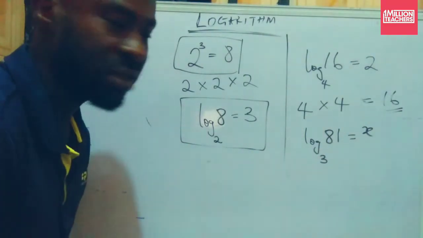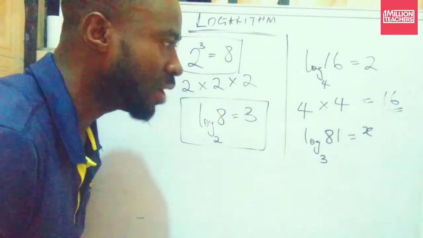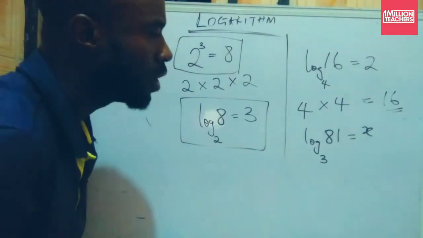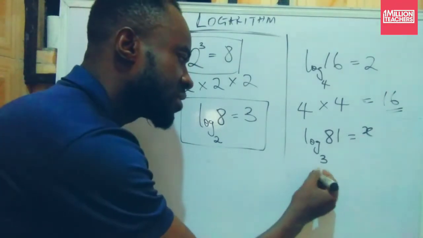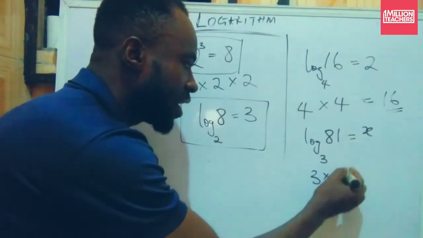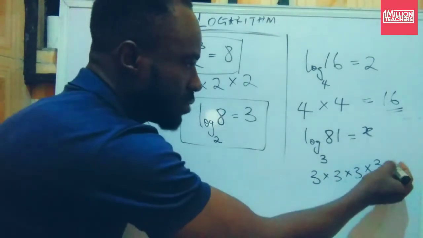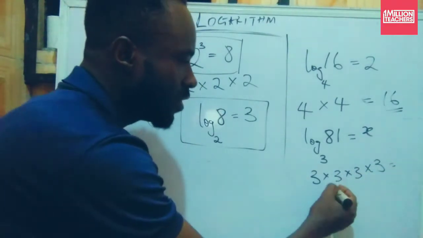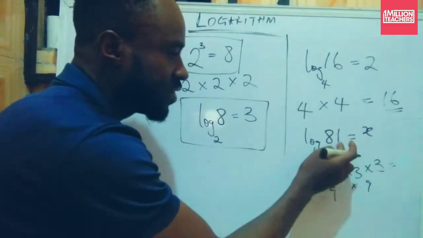From your knowledge about multiplication and powers, you'll be able to know that if 3 times itself 4 times, because this is 9 and this is 9, it is going to give us this 81.